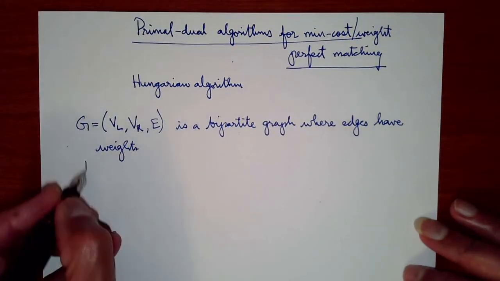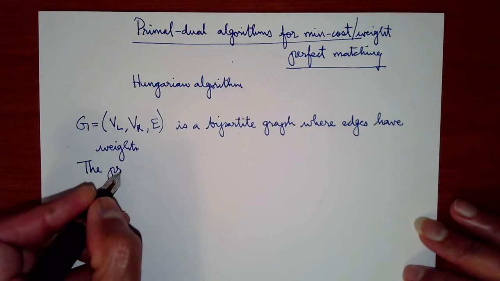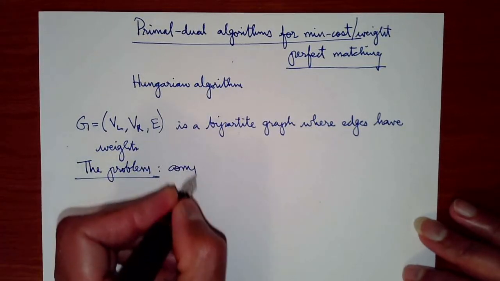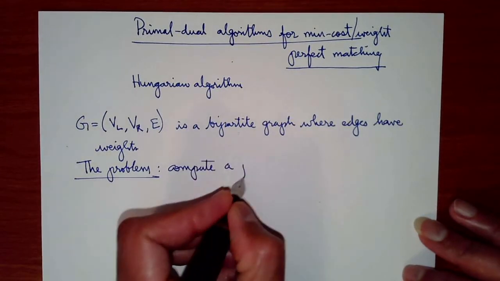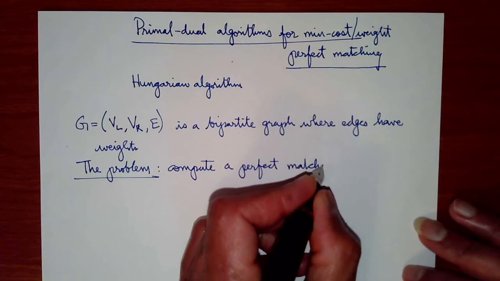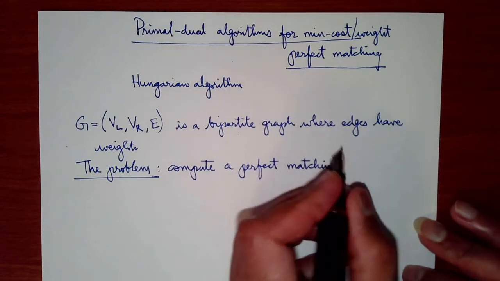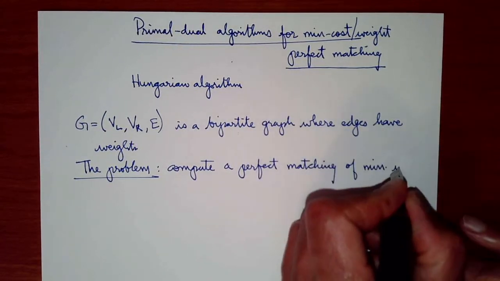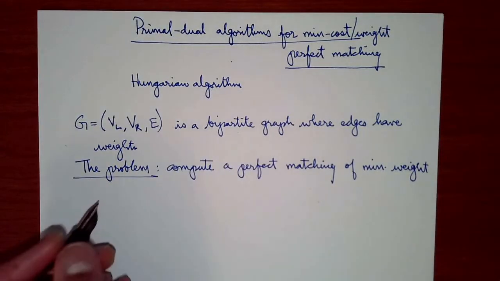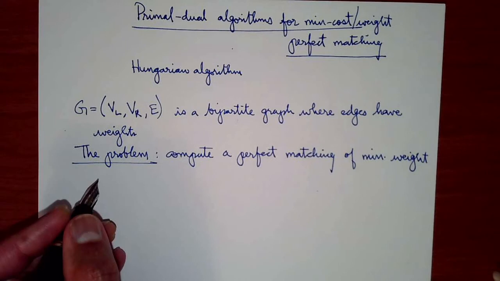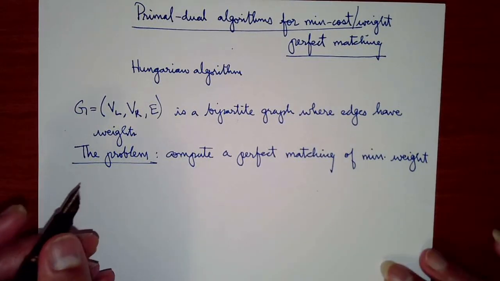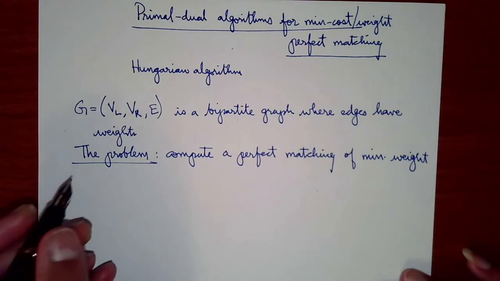And the problem is to compute a perfect matching of minimum weight. And I'll just sketch out that, you might think that the more general problem is to compute a maximum matching of minimum weight.